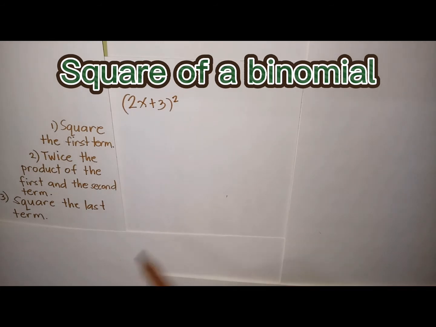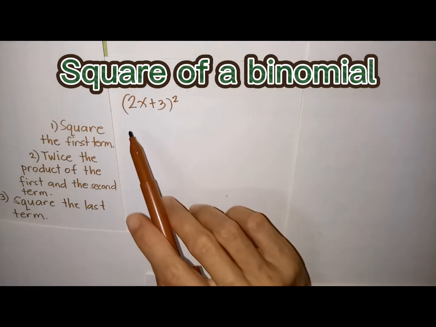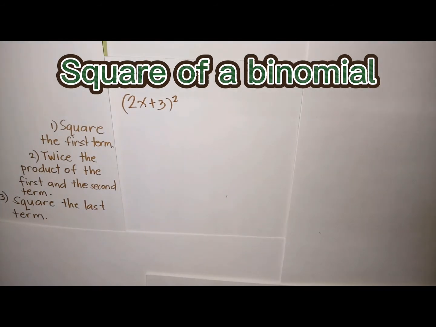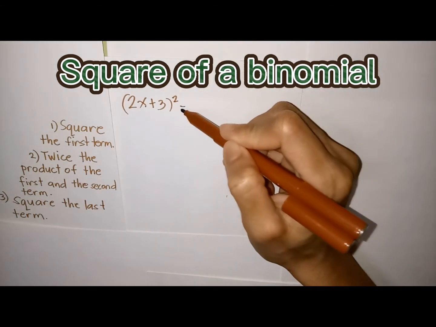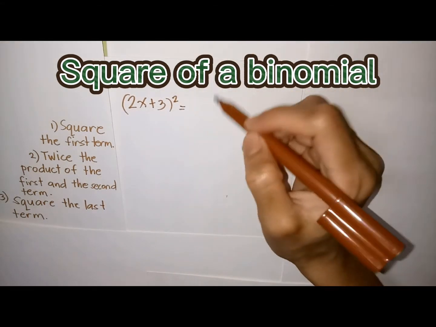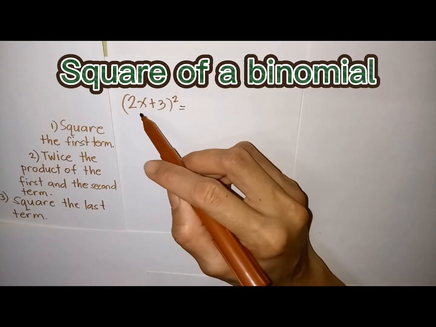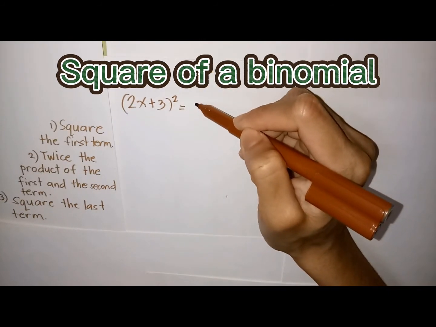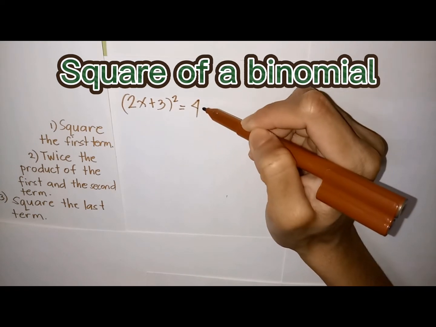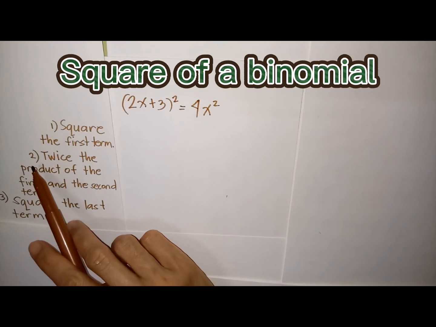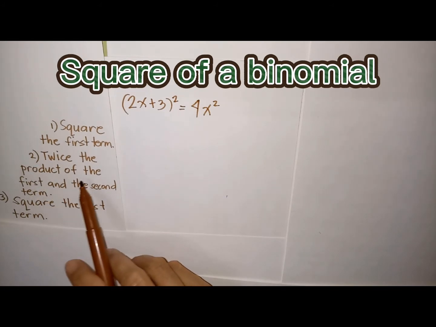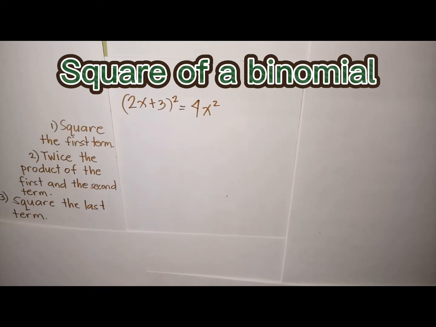So we have the first example. We will square the quantity 2x plus 3. So we have these shortcuts. First, we have to square the first term, 2x. So if we square 2x, that will give us 4x squared. Then we have number 2, twice the product of the first and the second term.